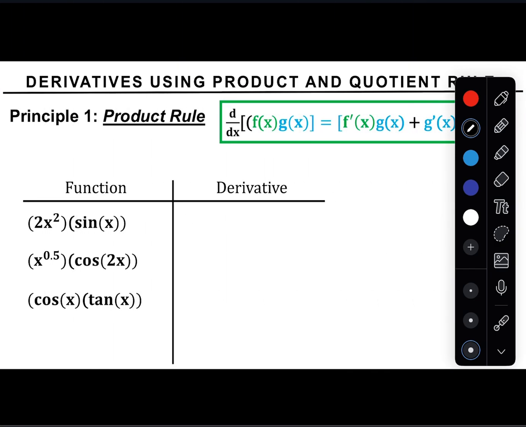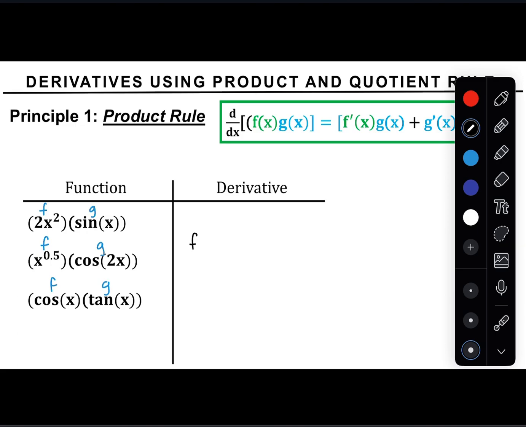Alright, here are some more examples you can do as practice. The first thing we're going to want to do again is set up our f and g for all of these. One key thing to remember is that f and g are interchangeable.